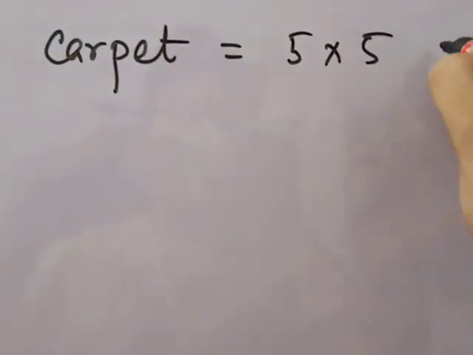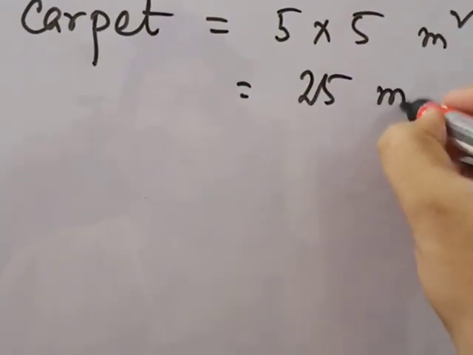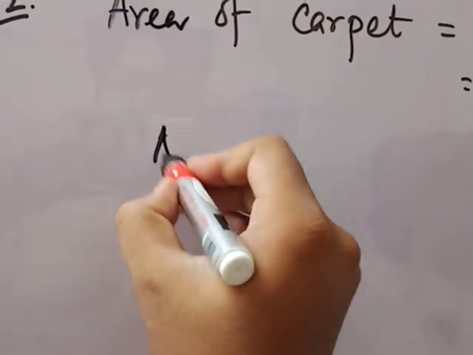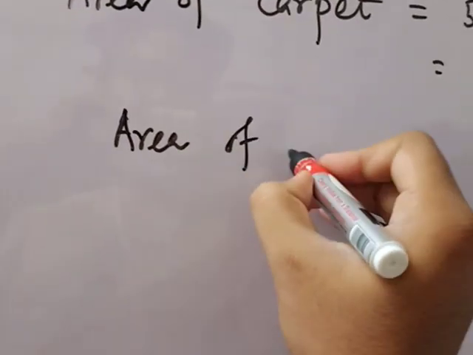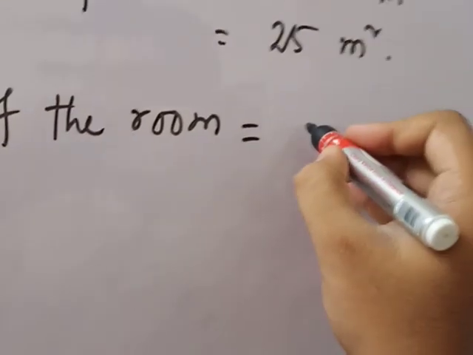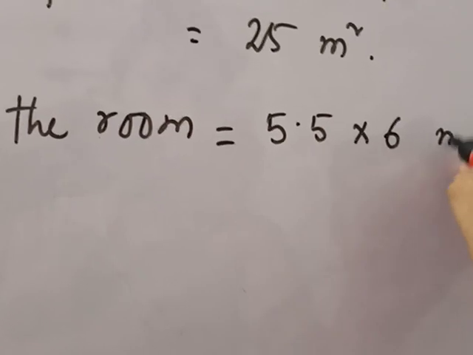In number 12, see that the area of the carpet equals 5 into 5 meters square. That means 25 meters square. Now the area of the room is 5.5 meter into 6 meters square.